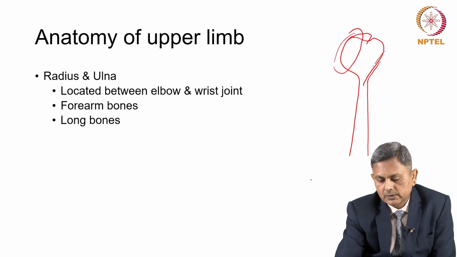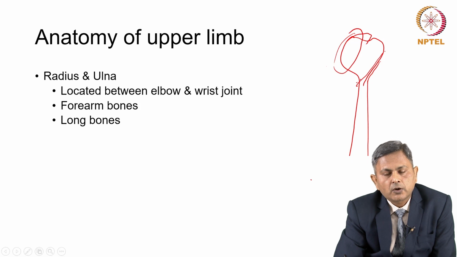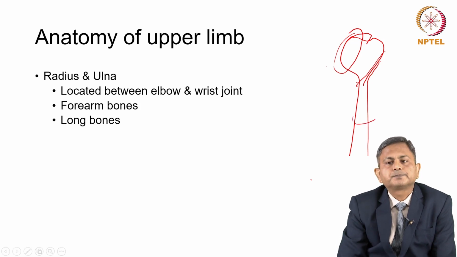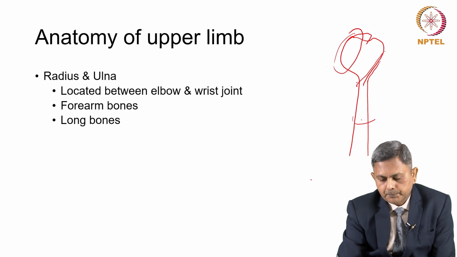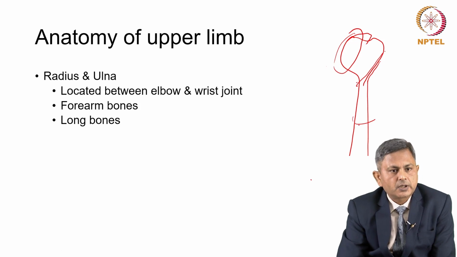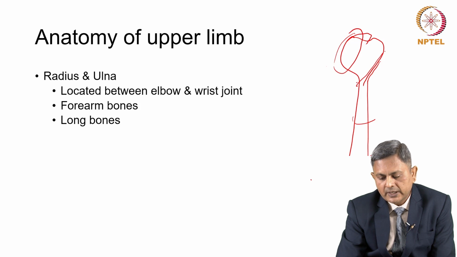It's the neck of the humerus, its shaft, and the condyles. And generally, fractures in childhood are supracondylar fractures and fractures of the shaft.